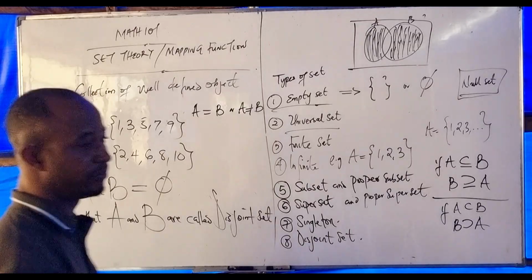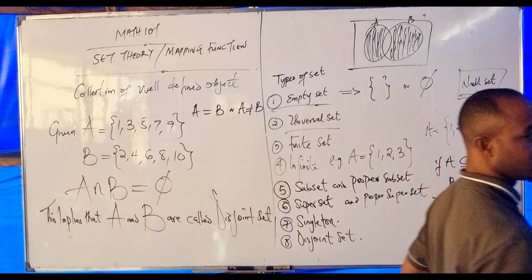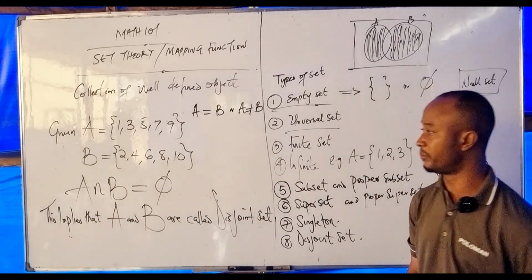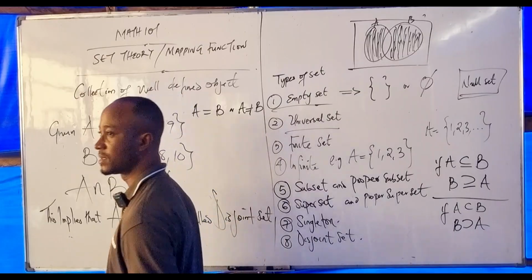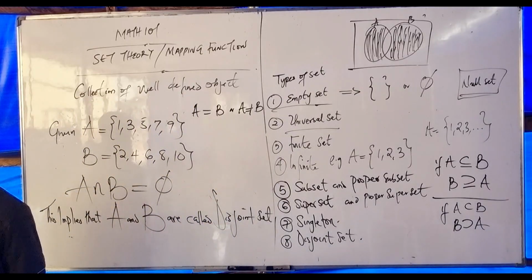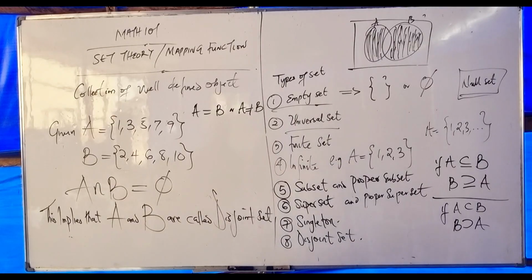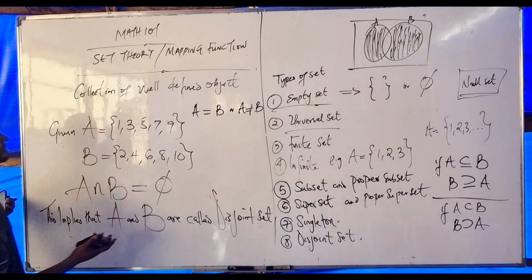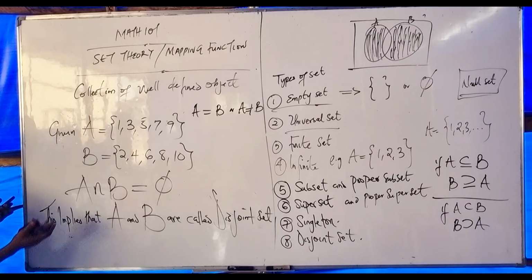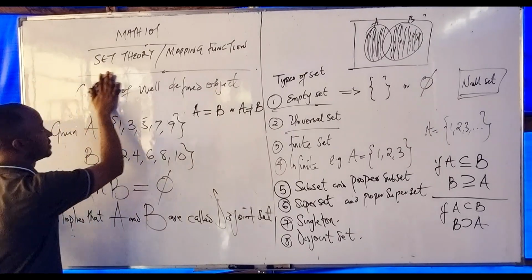Let's look at set operations. Subheading: set operations. The first set operation is number 1, union of a set.